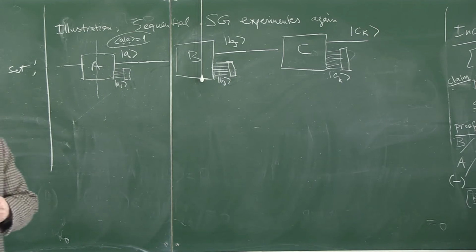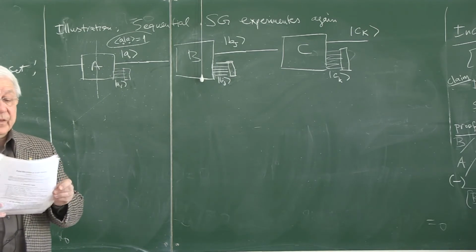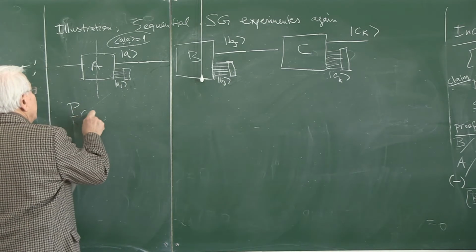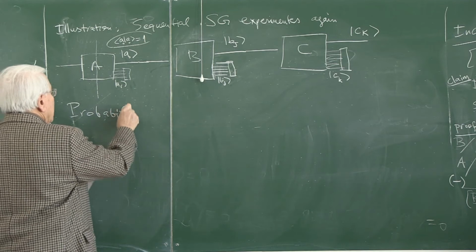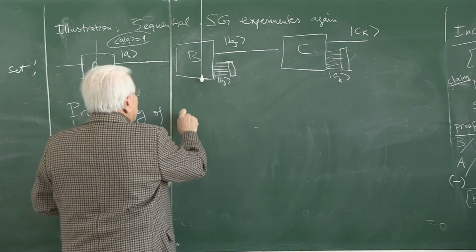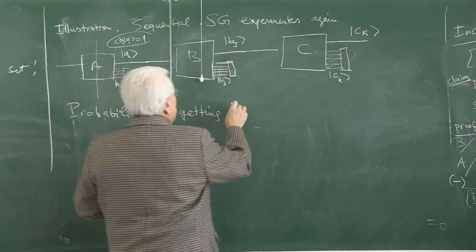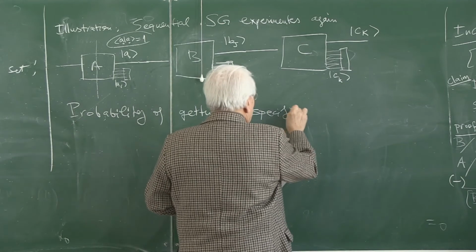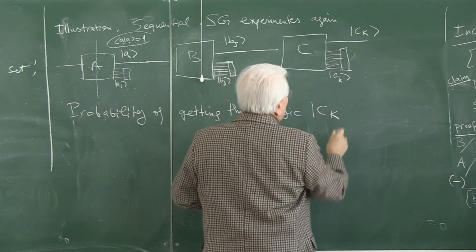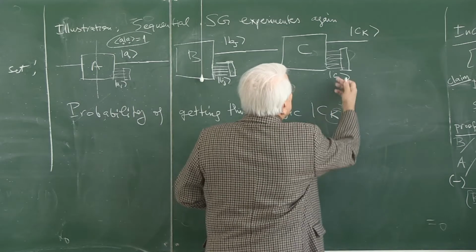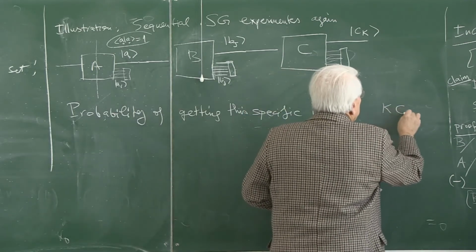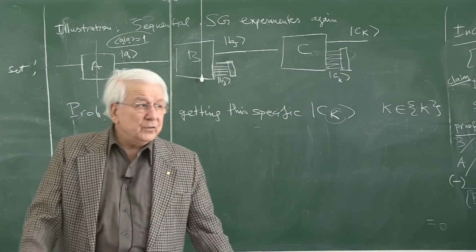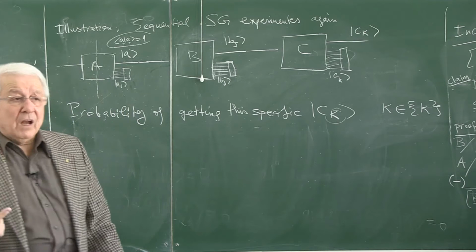How do we proceed to get this answer? So, the probability of getting the specific K. K is just one possible. K belongs to this set. Little k's may have many values, and capital K is just one value of it.